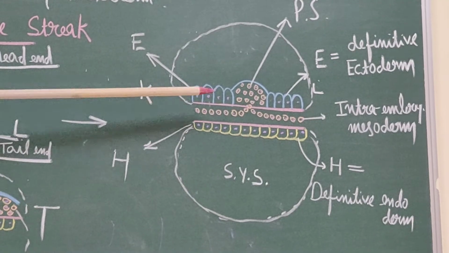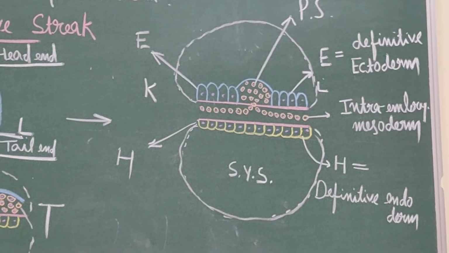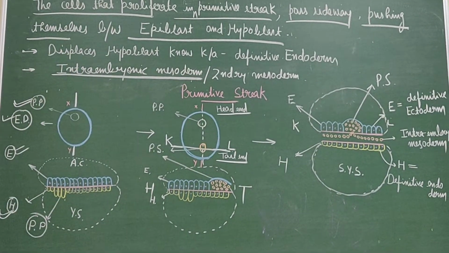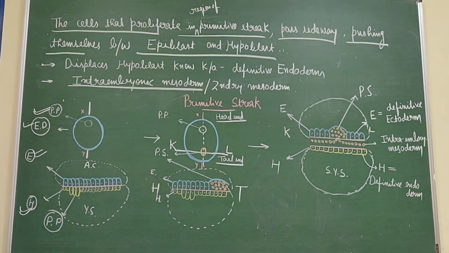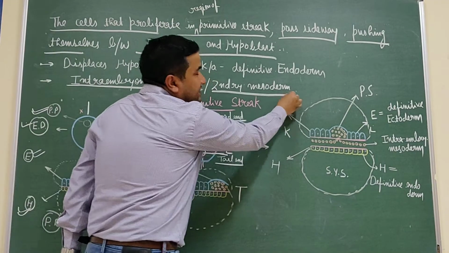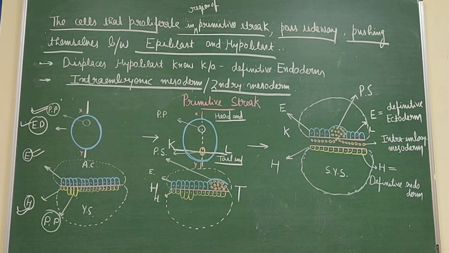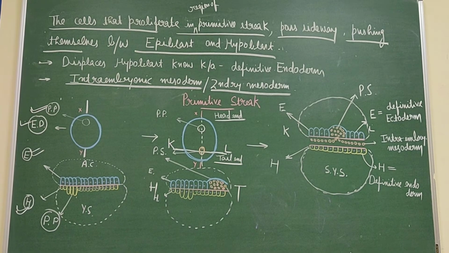And this third layer is known as the intra-embryonic mesoderm, or it is known as the secondary mesoderm. So now we have two mesoderms.